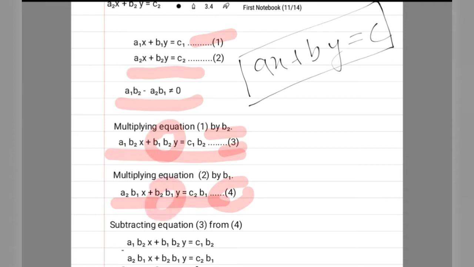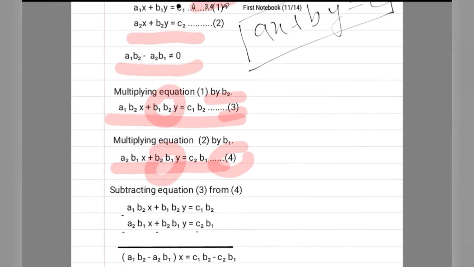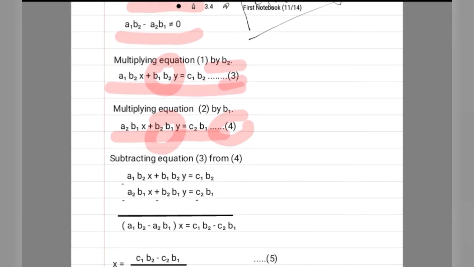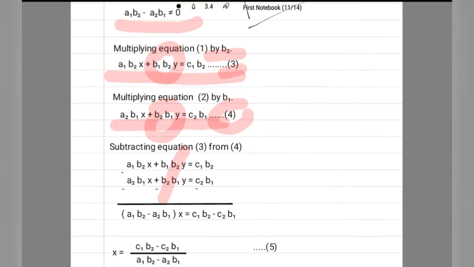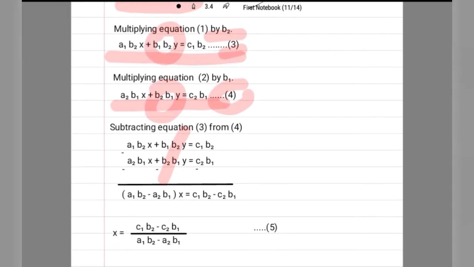Okay, b1, b2. So after we get the coefficients equal, subtracting equation 3 from 4, we cancel these y terms, that is plus minus y, coefficients are equal, and we get the value of x, and the x value can be written as this.